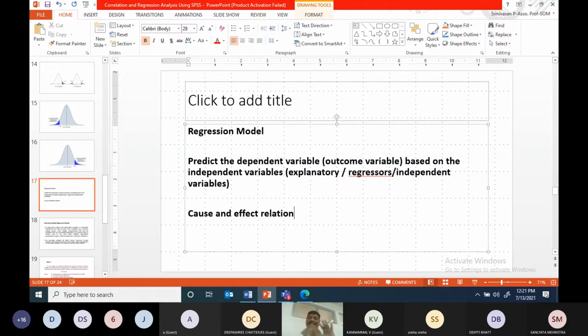Increase in the price is the cause. And what is the effect? Decrease in sales, decrease in demand. Decrease in quantity demanded is the effect. That's it.